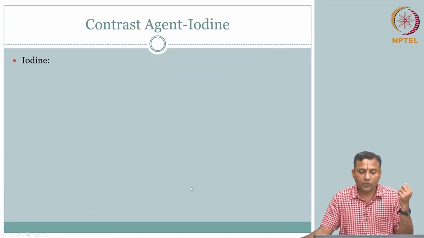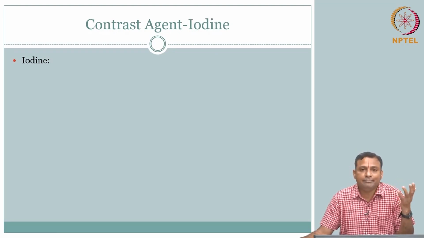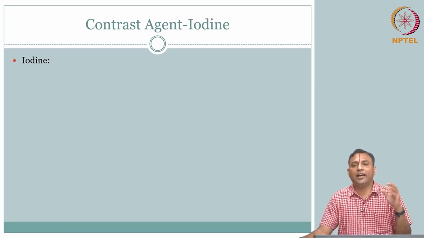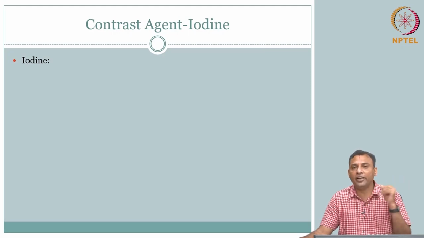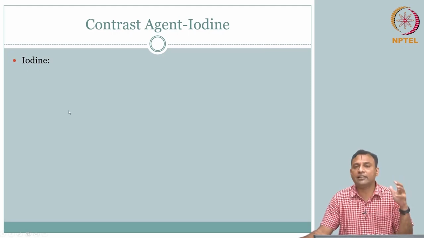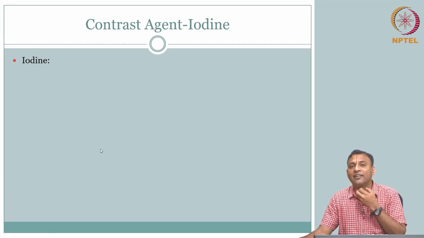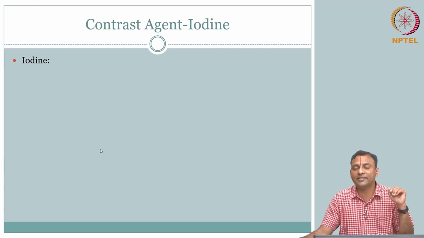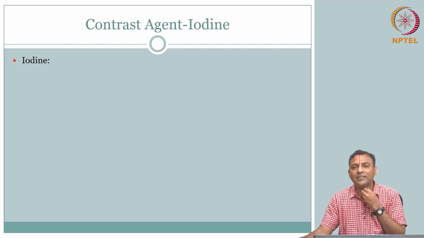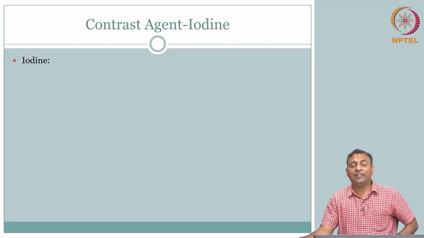So what are the typical compounds? Say, for example, iodine. You might know from basic knowledge that the thyroid is a natural center for iodine. You would have seen it in 6th or 7th standard textbooks: goiter, iodized salt, all these things you would have been familiar with. So iodine has activity in the thyroid.